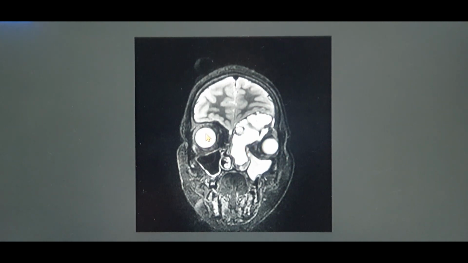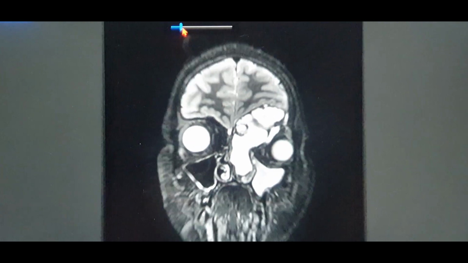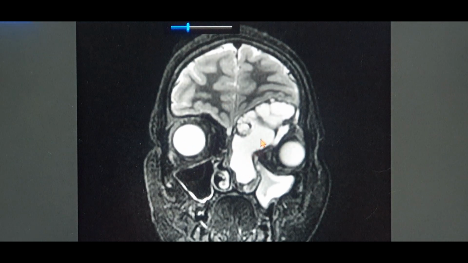This is a T2, and in this case, this is a left side frontal mucocele having the same intensity as the vitreous humor, suggesting that this is clear fluid, and this is also clear fluid. This is nothing but the T2 scan suggestive of the frontal mucocele.